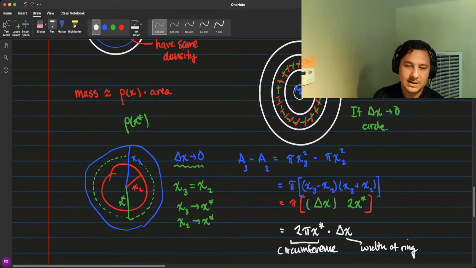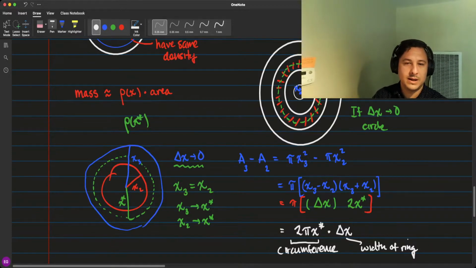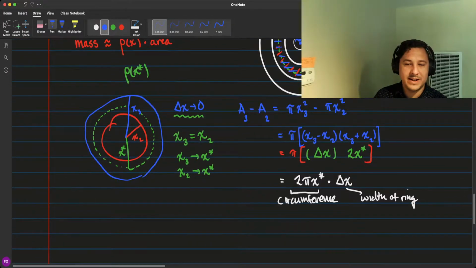These are called annuluses or annuli, right? That little area that I highlighted over here, this disc-like thingy. Cool. So now we can find a formula here.